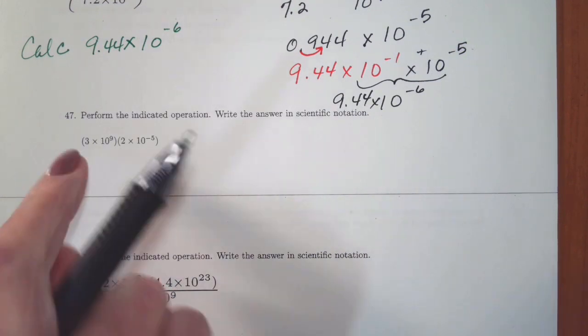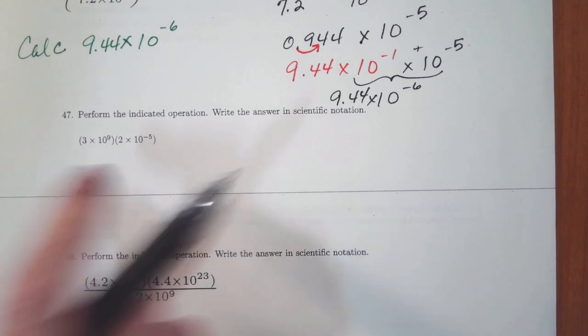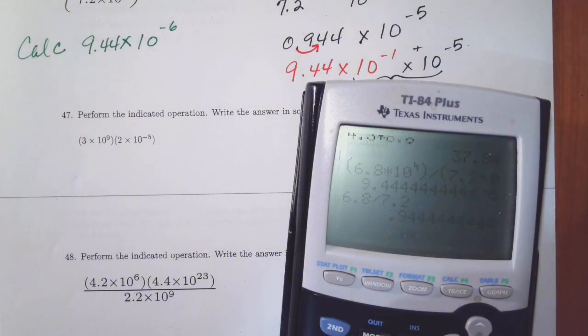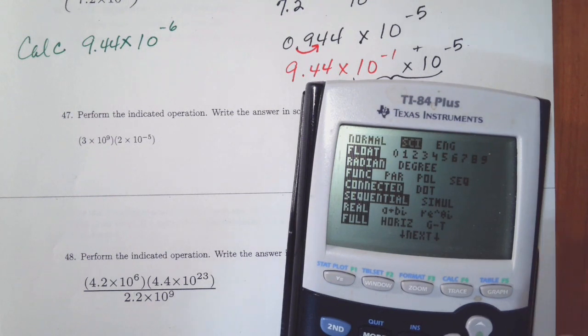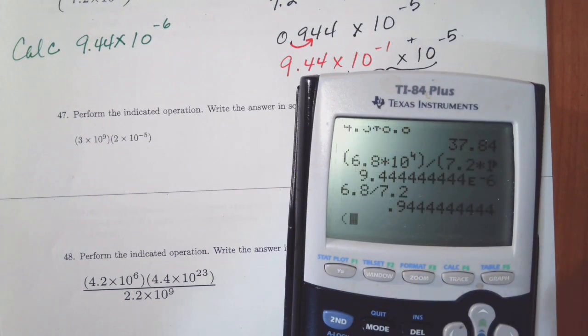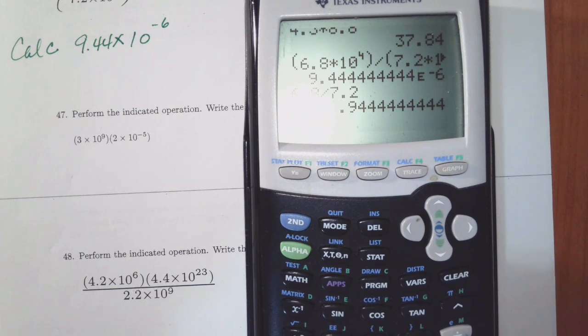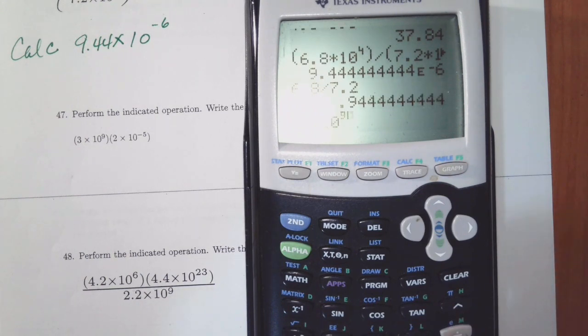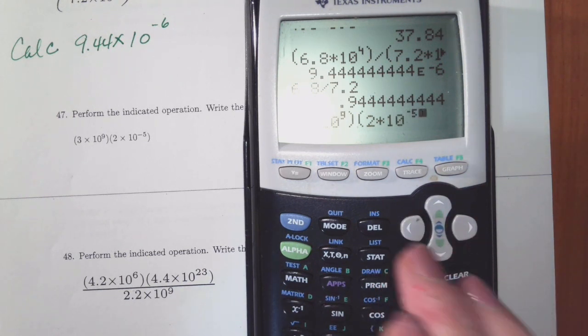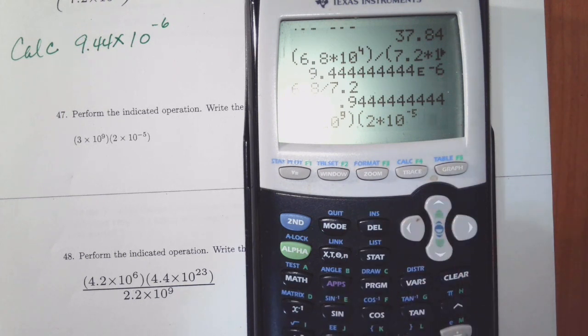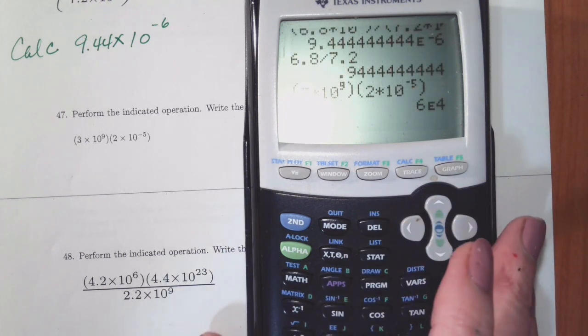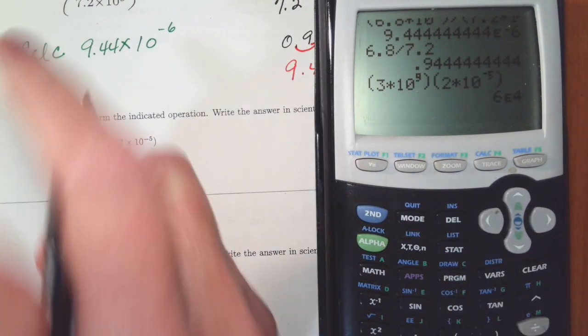Okie doke. So on this one, if I put it in my calculator, do it just like it says, 3 times 10 to the 9th times 2 times 10 to the negative 5. And I get 6E4.